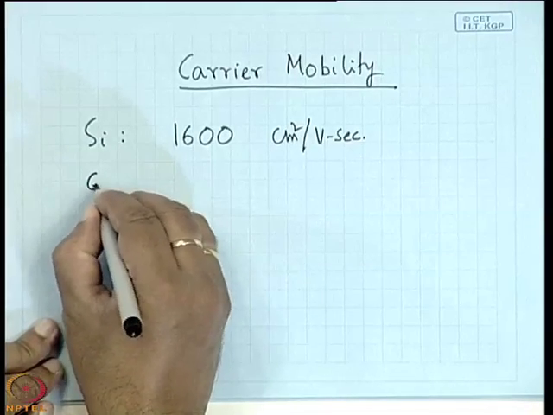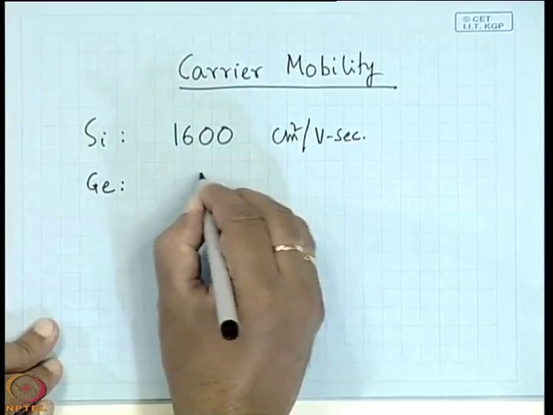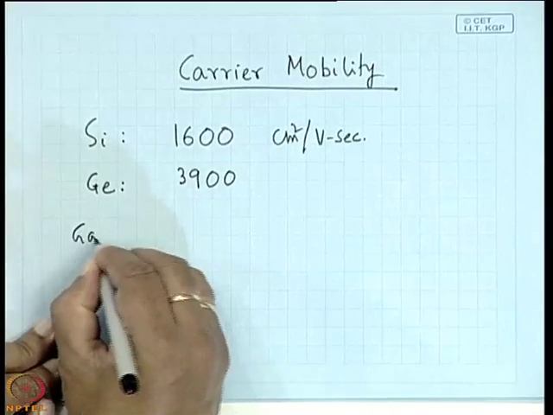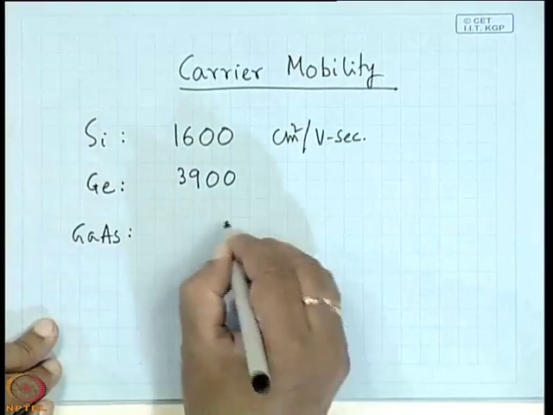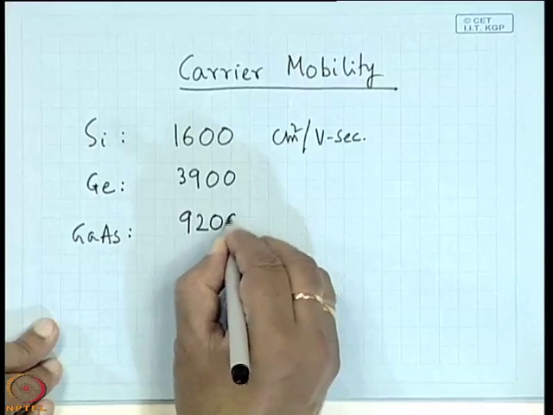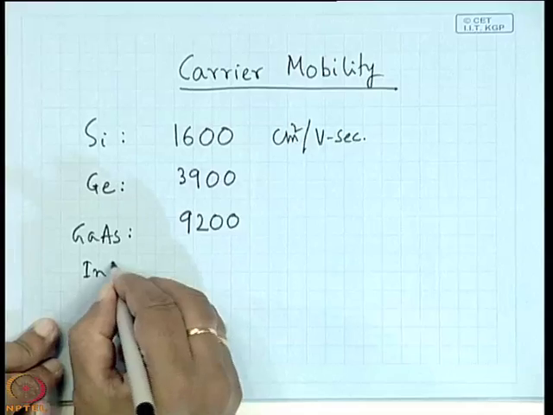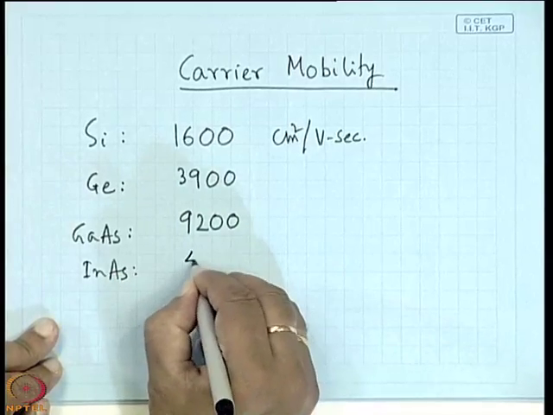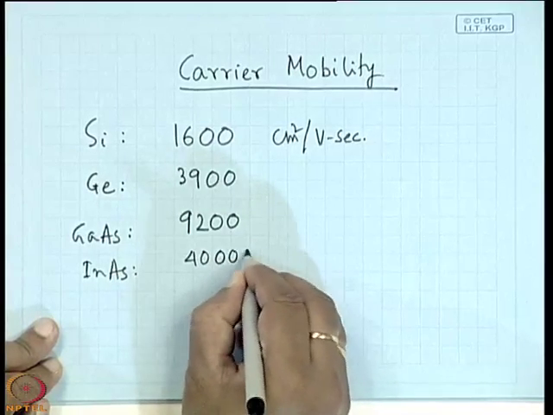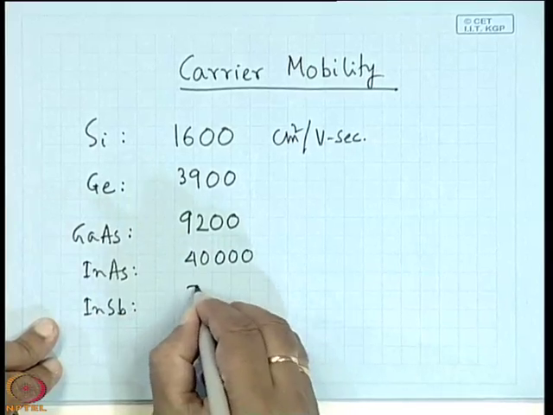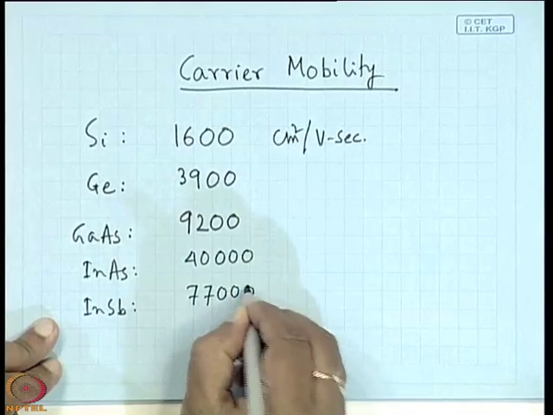Then germanium it is 3900, but if you compare with gallium arsenide it is 9200, or say indium arsenide it is 40,000, or indium antimonide it is 77,000, very high mobility.